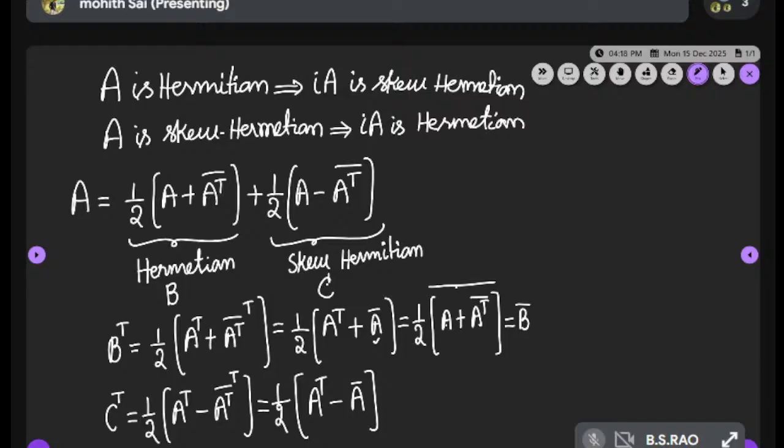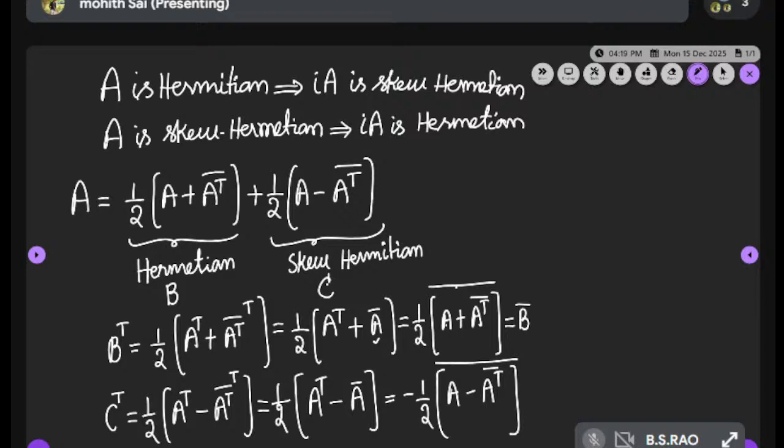So this is equal to minus half into A minus A transpose, whole conjugate.